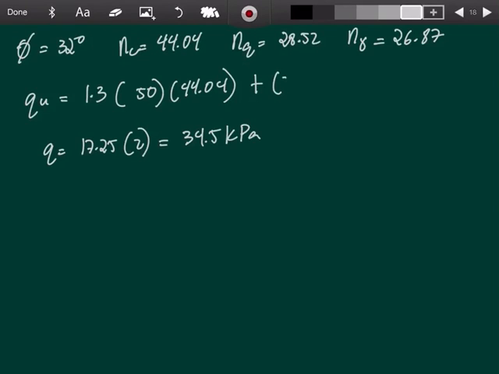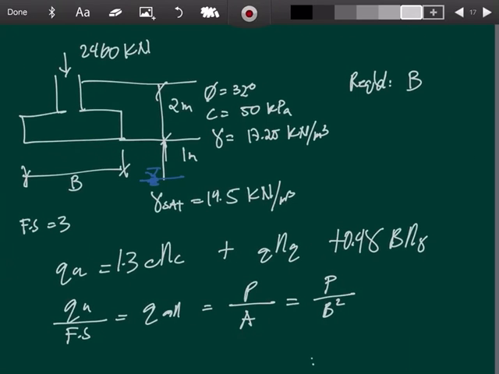So lalagyan natin 34.5 times 28.52 plus gamma. Ano yung gagamitin nating gamma? So in this case, class, it is best to assume that that is case 2, kasi alangan namang less than 1 meter yung ating width of the footing, diba?